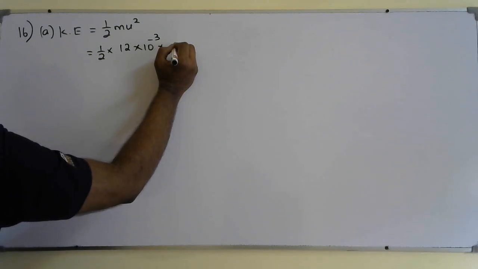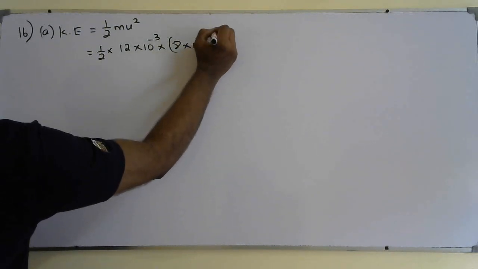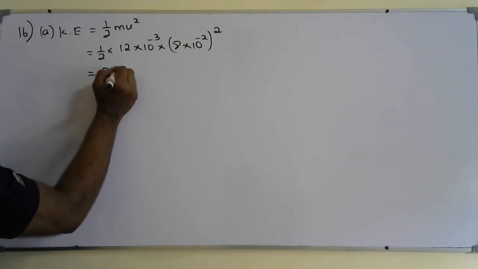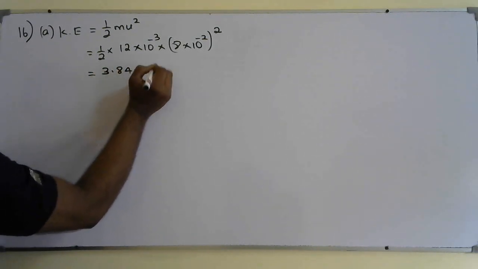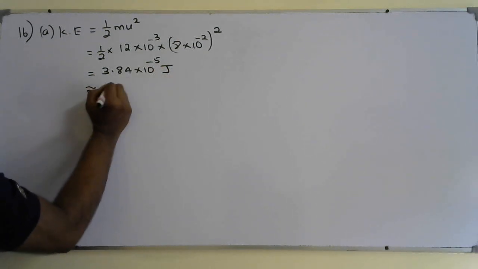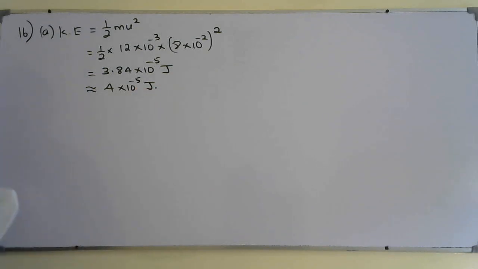The speed is given, 8 centimeter, convert to meter per second, so divide by 100, all squared. Solve it, you will get 3.84 × 10^-5 joules, so approximately 4 × 10^-5 joules.